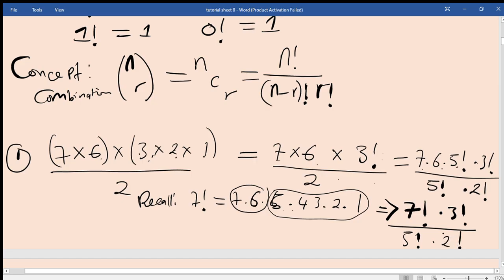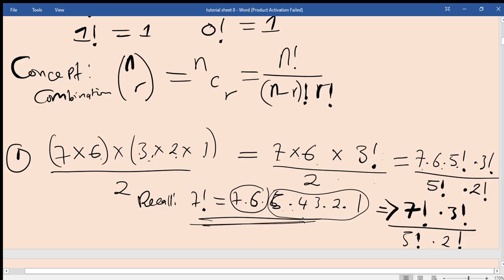The concept is to write the expression in factorial notation. We've broken down the 7 times 6 into the 7 factorial by introducing a 5 factorial on both the numerator and the denominator, so that it can be a complete 7 factorial there.